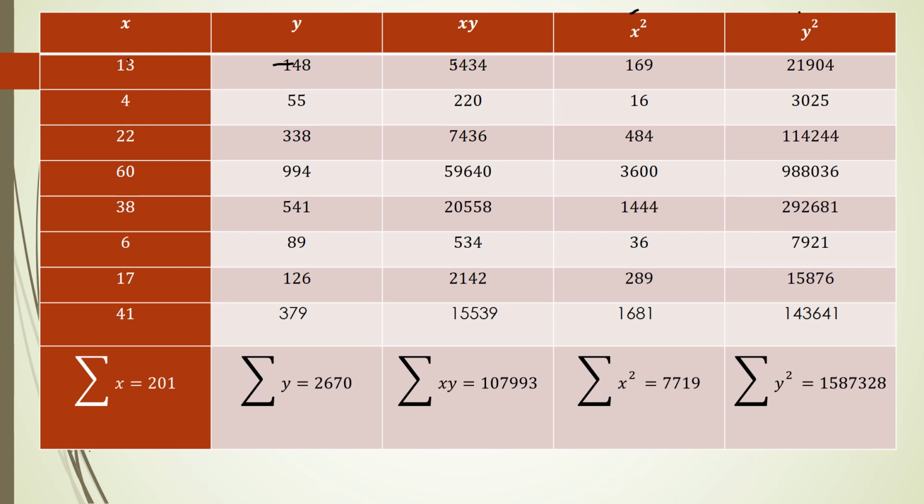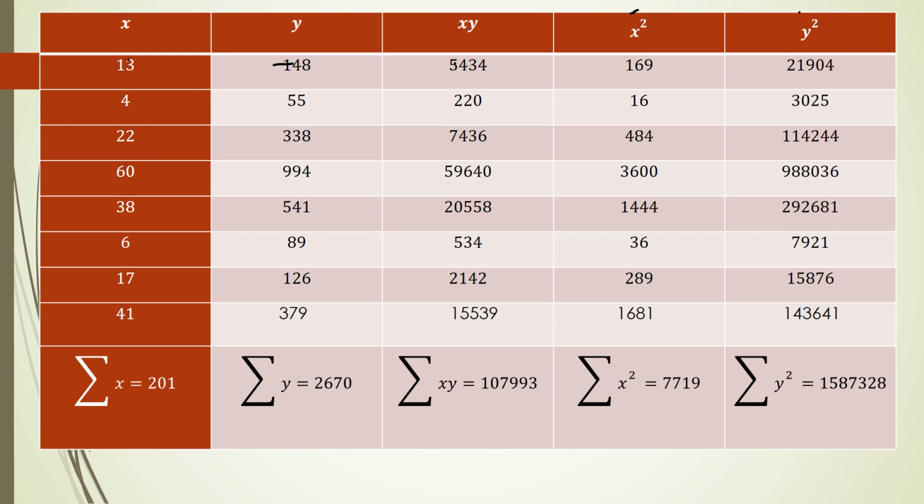Let's suppose here we have 13 multiplied by 148, so the answer is 5434. Similarly, in the fourth column we have x square. Since x is already given, we take the square of x. It becomes 169, 16, 484, and so on.